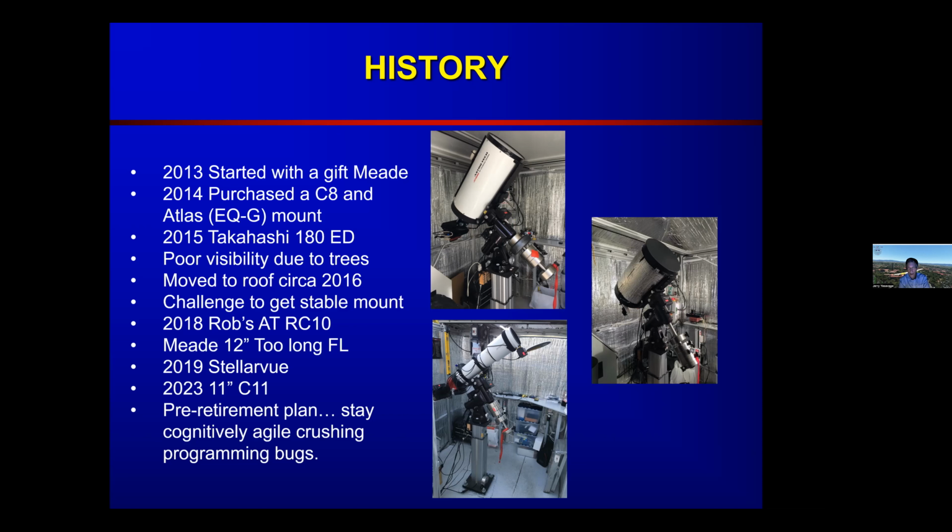And there's a guy on Astrobin named Gary M, who has a Mach 1 mount and has the C11 Edge. And his images are to die for. So I asked him, are you really shooting those images off of that Mach 1?